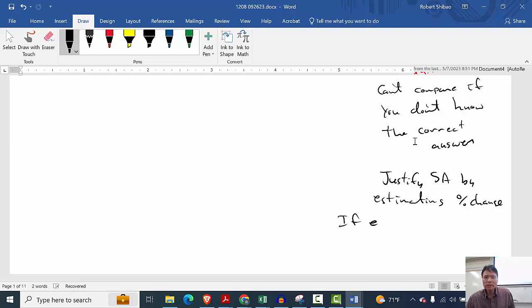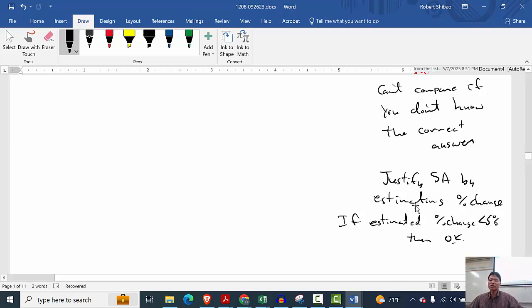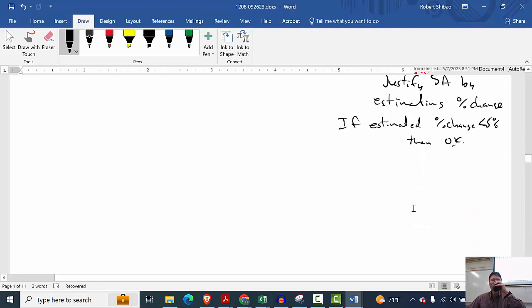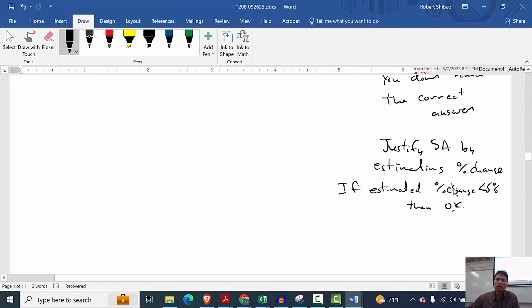If the estimated percent change is less than 5%, then okay. If it's greater than 5%, then it's not okay. So 5% is just some arbitrary cutoff. 5% is already too large. But sometimes the math gets so difficult, we can live with an error that's kind of big.